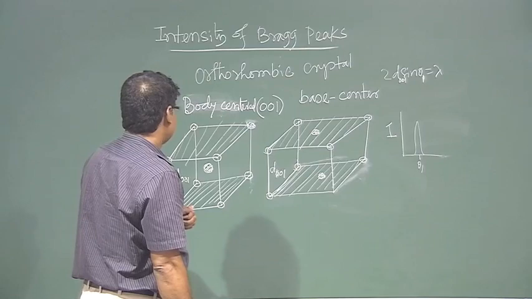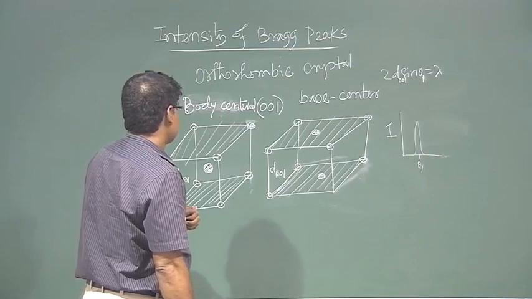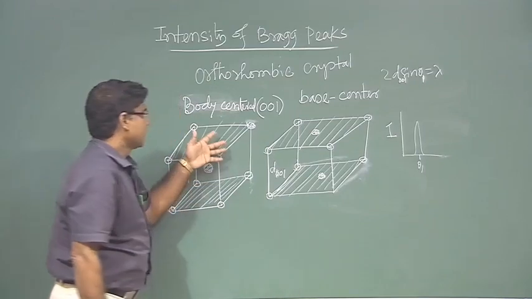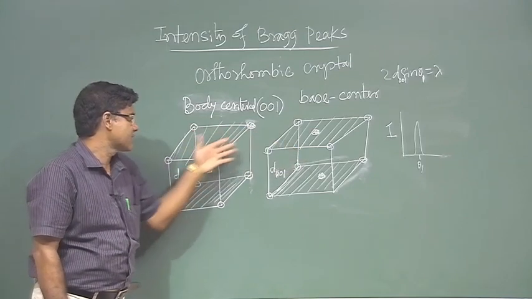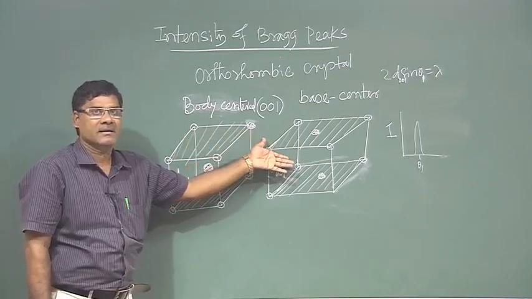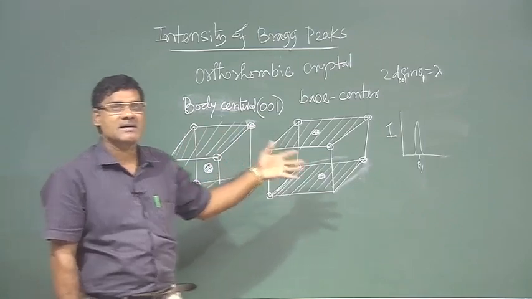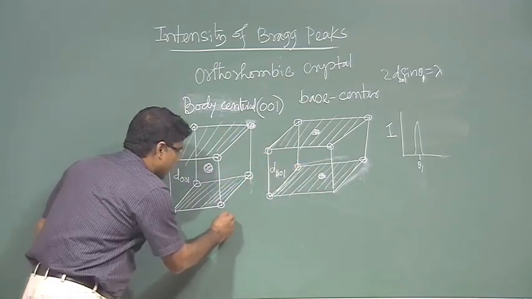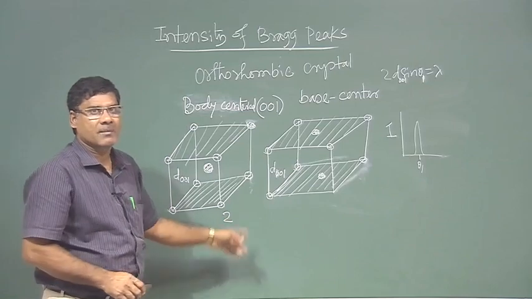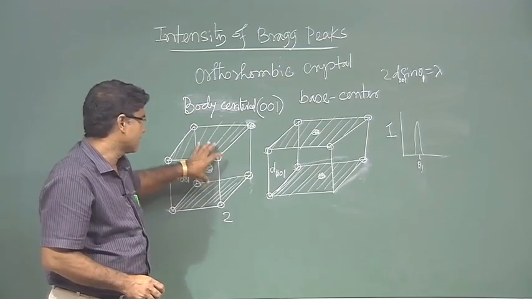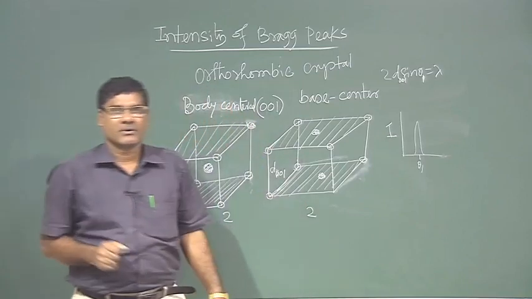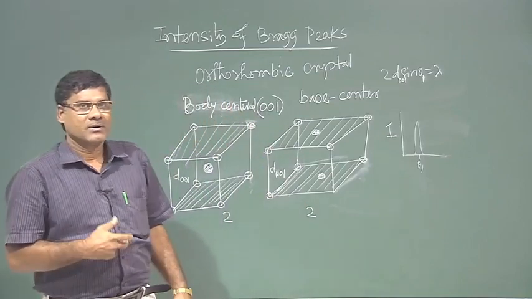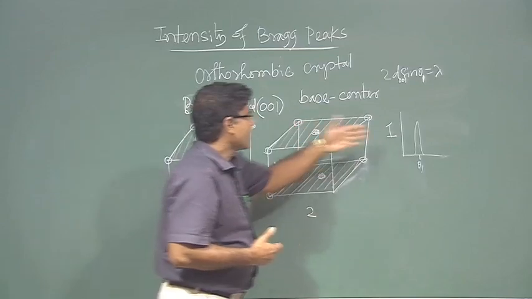What we want to mention is that in both cases the number of lattice points per unit cell is the same, 2 per unit cell here and also 2 here. So, what about the intensity?